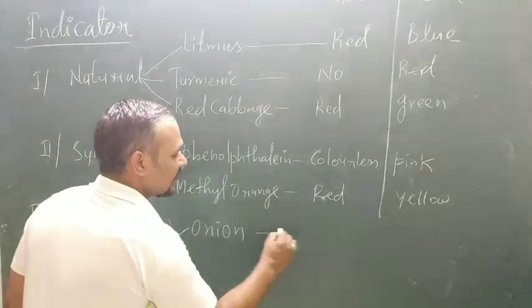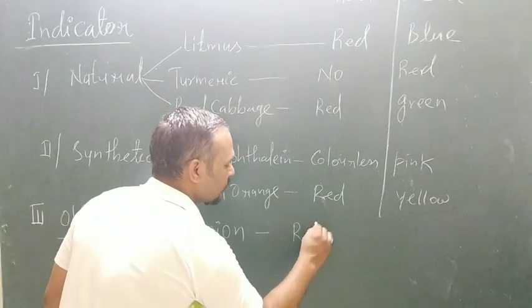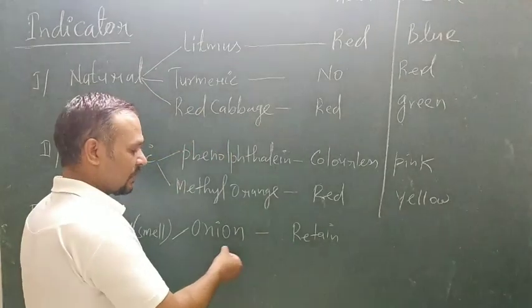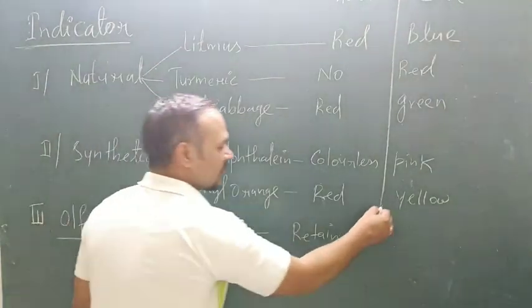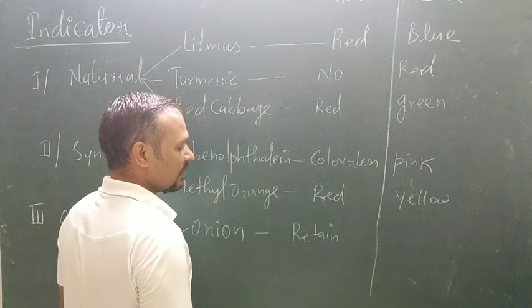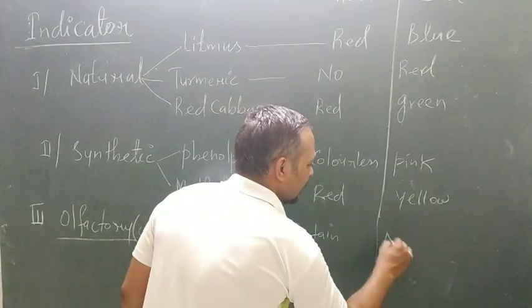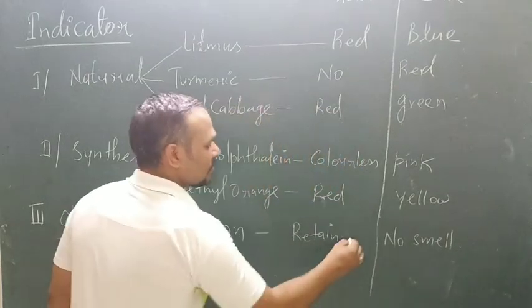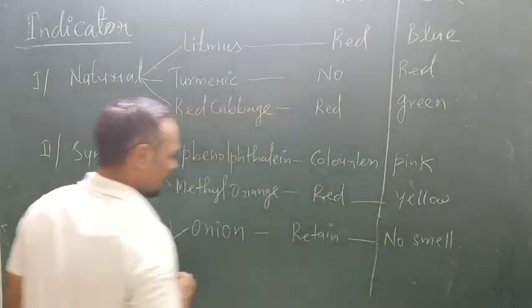Onion retains its smell in acidic solution, like in vinegar. When we put the onion, it retains its characteristic smell, right? But there is no smell when we add base into the solution.